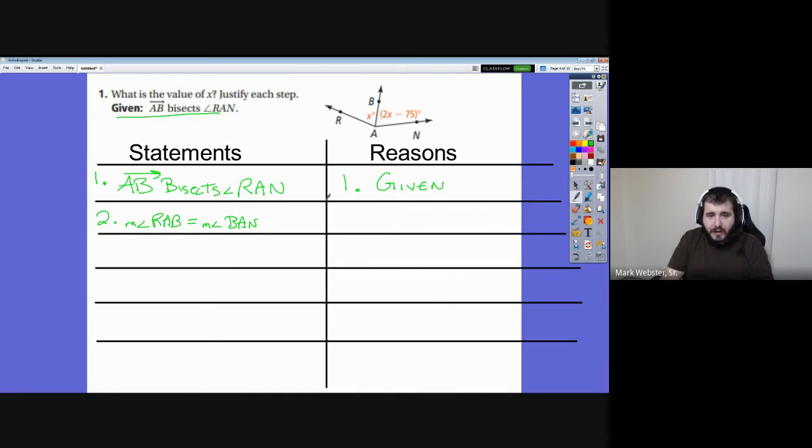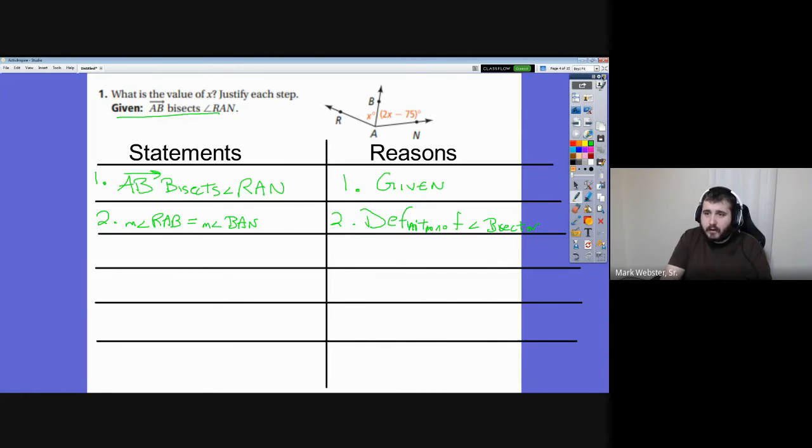And that's what an angle bisector is, right? So whenever you're looking at that and asking why is it true, well, that's what it is. You can always just say that's the definition of angle bisector.